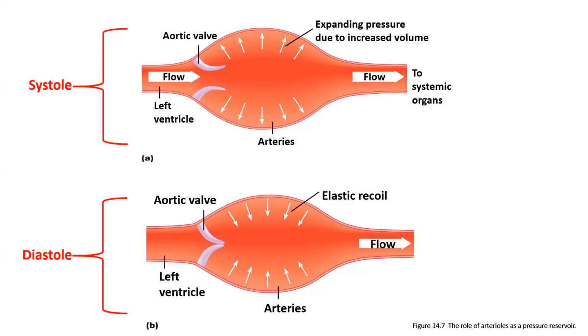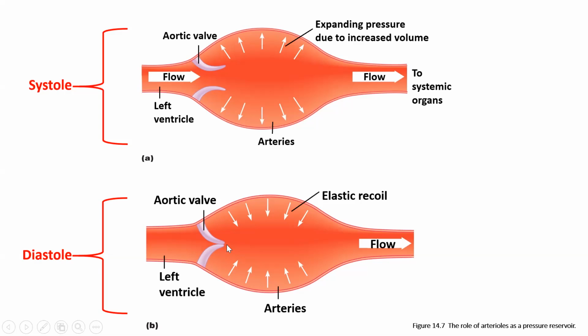The energy that's been stored in the elastic walls of the aorta is now going to recoil on itself, kind of like a spring or an elastic band, and that creates the flow or the propulsion to keep blood moving to our systemic organs uninterrupted in a continuous fashion, even though the semilunar valve has closed during diastole.